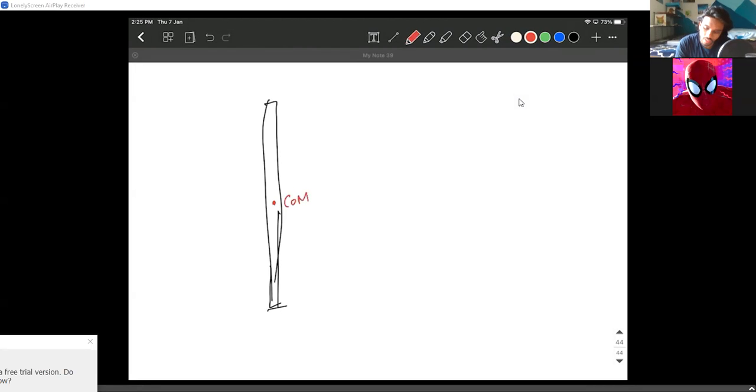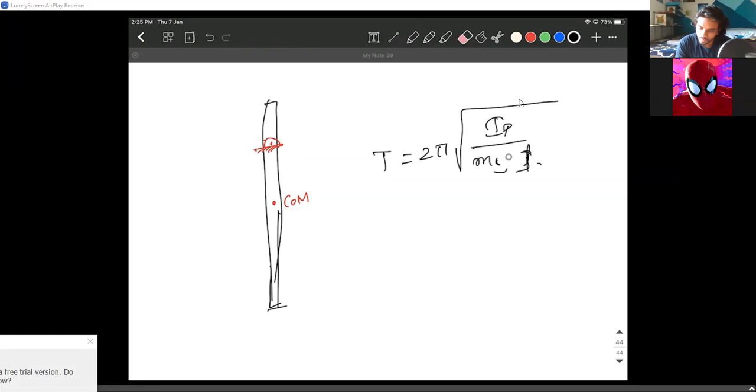He did it yesterday. So this is a point of suspension. To find the time period, you can generalize. The time period is 2 pi root over I about the point by mgd. So the time period equals 2 pi root over I about this point.